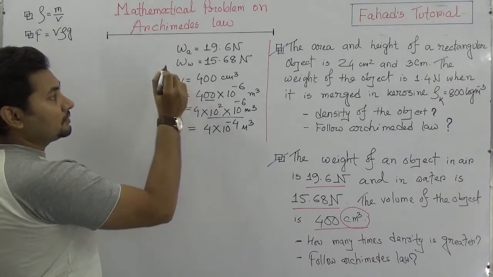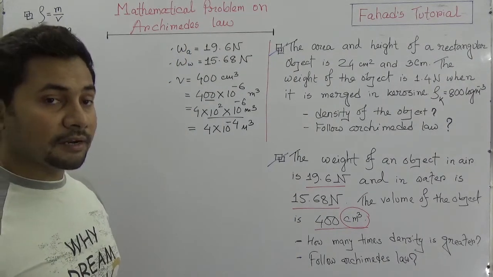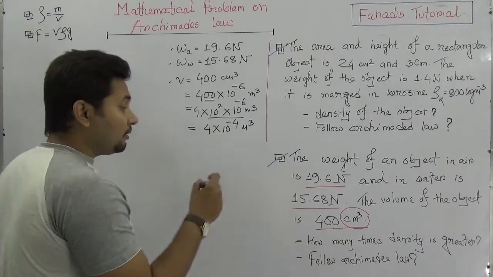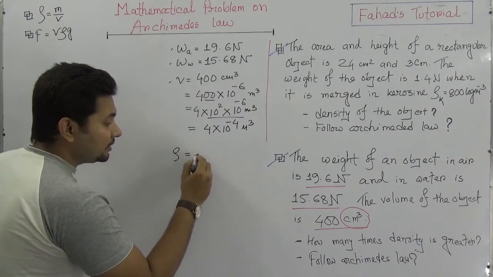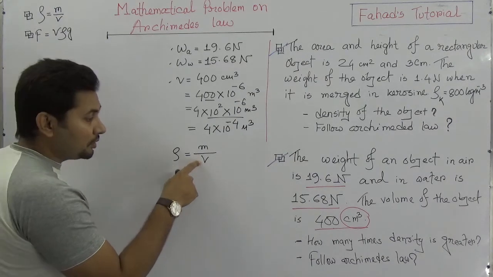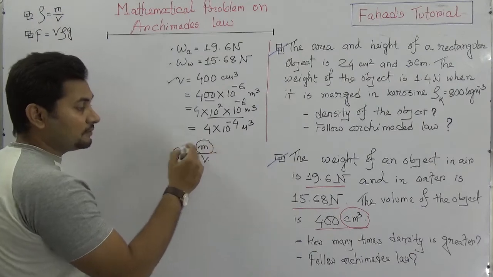So we got V, we got weight in air and also weight in water. Now the question is how many times the density is greater. To find out the density we need to know that rho is equal to m by v. We got v here, but we don't know the mass of the object.